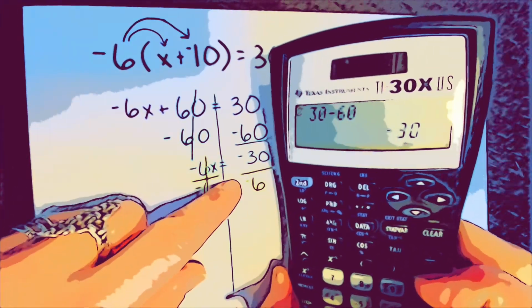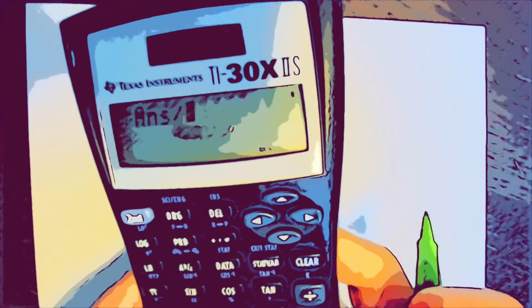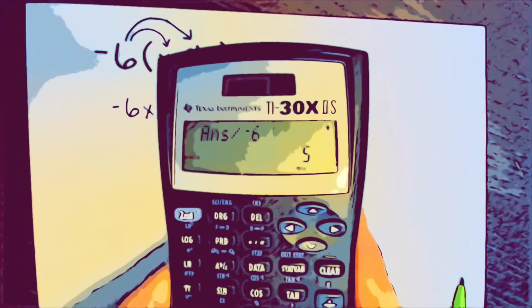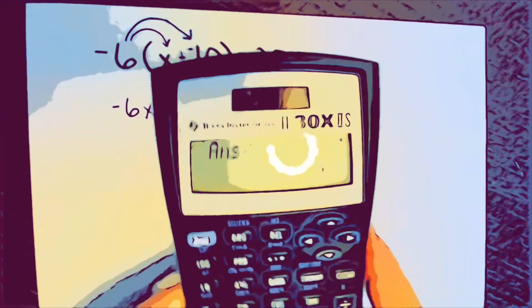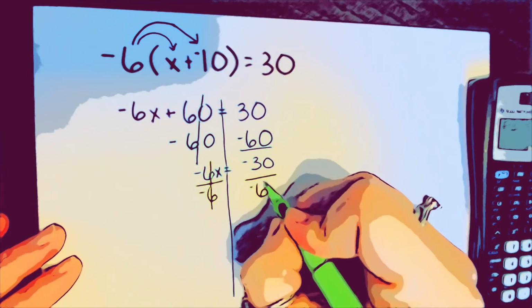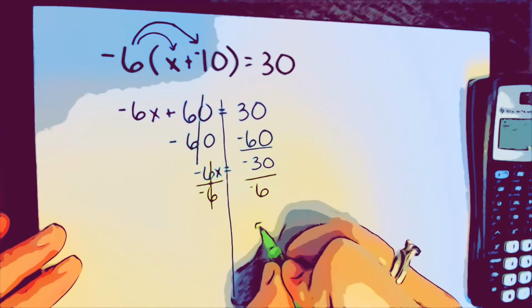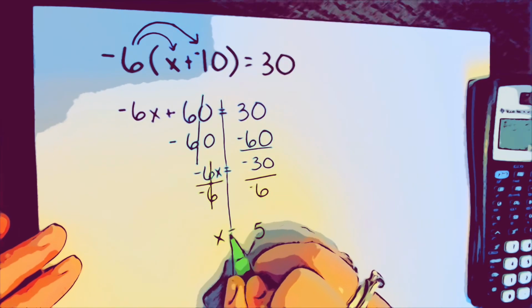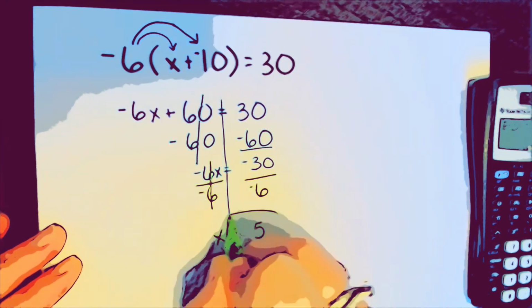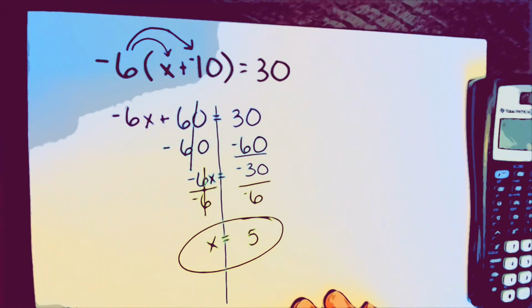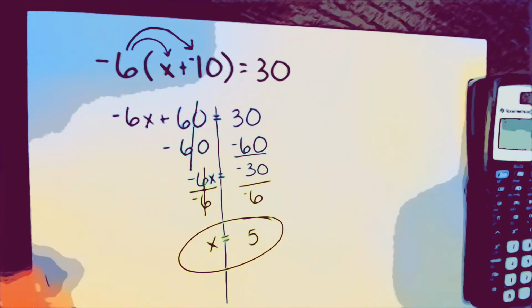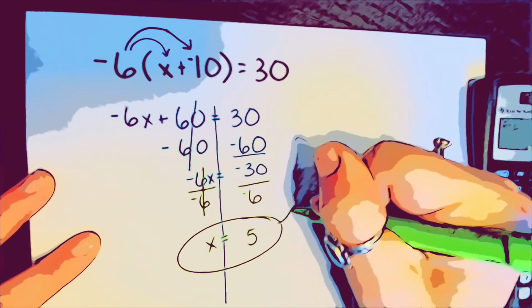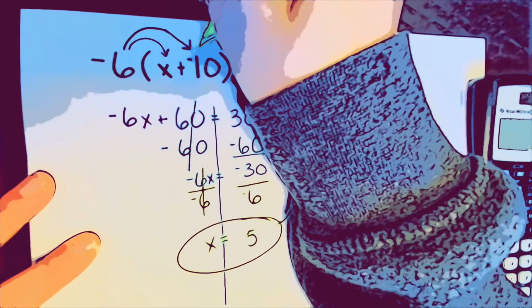We're going to divide -30 by -6. It's a positive 5 because a negative divided by a negative is positive. So here I have x, bring down my equals, 5. X equals 5.